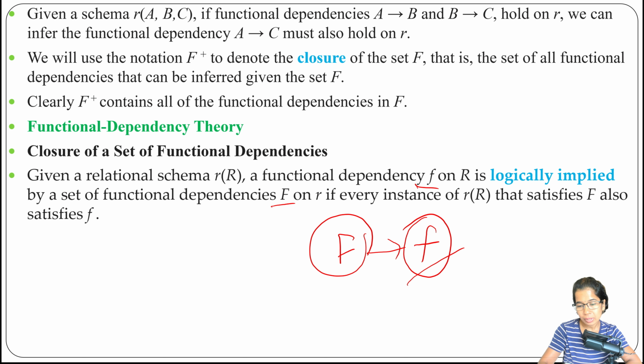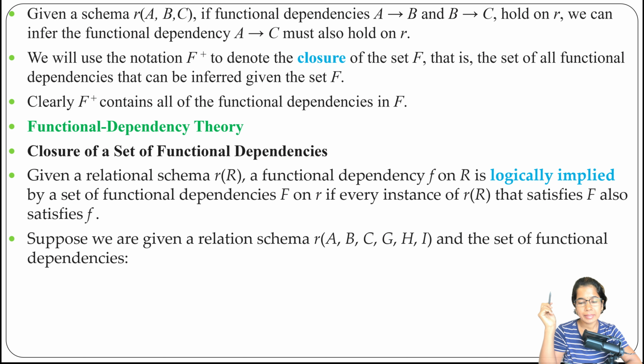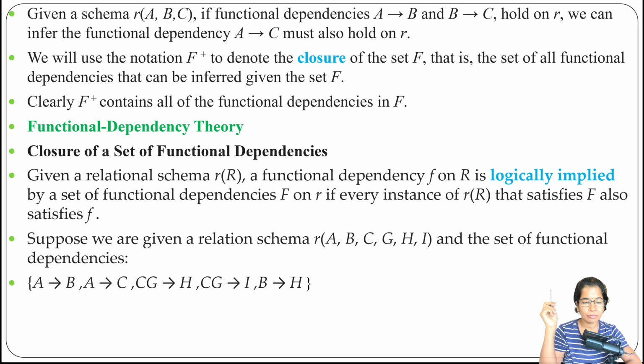So how will we find this new set of functional dependencies? There is a set of rules. By following that, we can find the additional set of functional dependencies. Let's see one example. We have a relation schema R(A, B, C, G, H, I) and a set of functional dependencies. These are the functional dependencies.